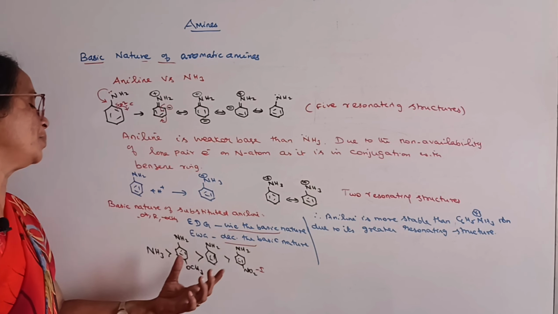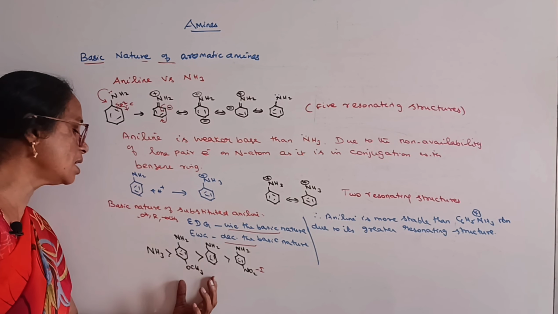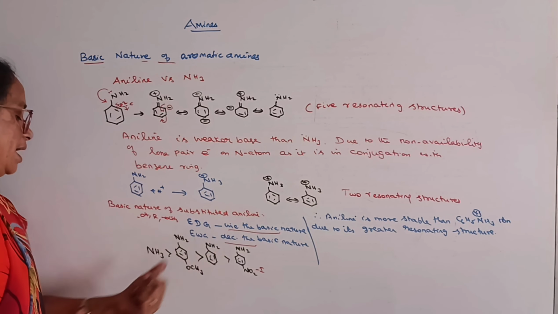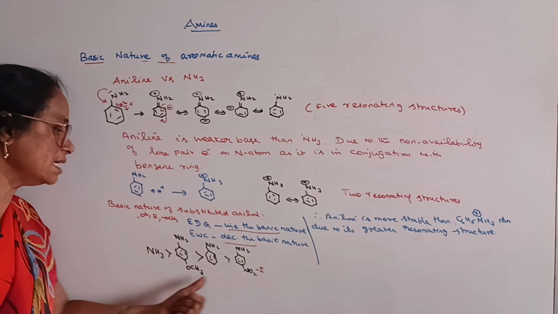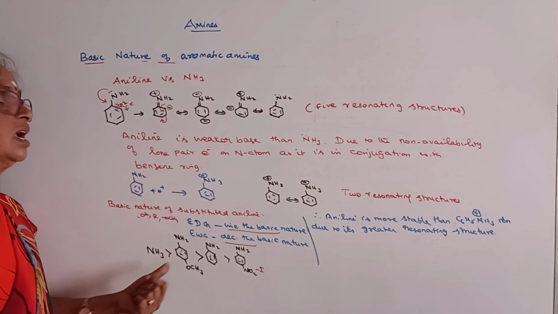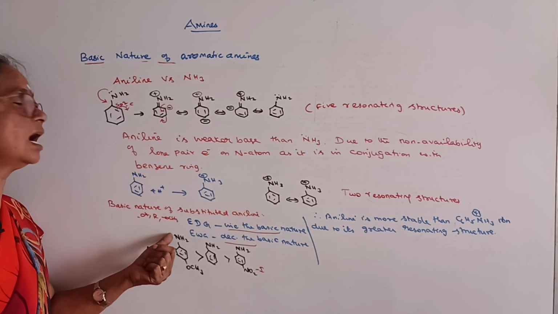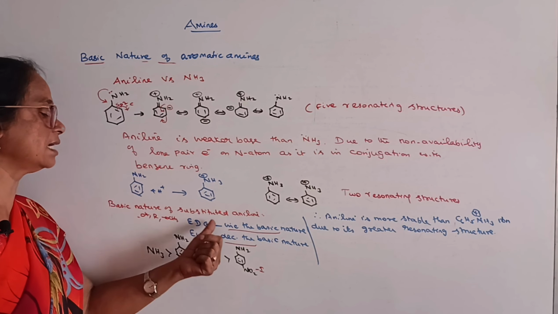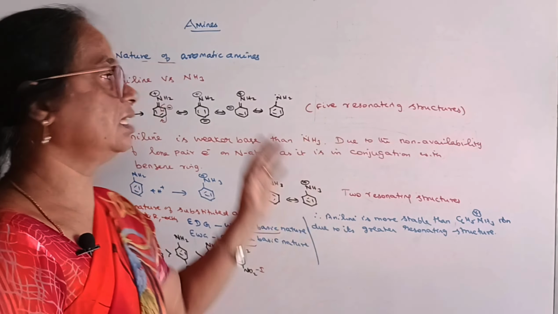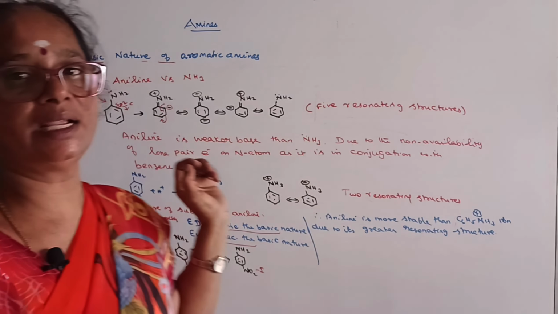So when we compare the presence of electron donating and electron withdrawing groups in the benzene ring, ammonia is more basic than methoxyaniline, which is greater than aniline, which is greater than para-nitroaniline. That's all about the basic nature of aromatic amines.